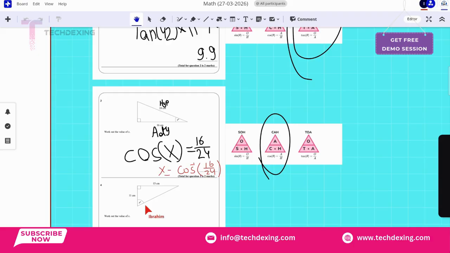We're gonna use the shift button and then the same button where the cosine is. When we press shift and cosine, it shows the cosine inverse. Now 16 and here 24. 48.2. Correct. That is the right answer.